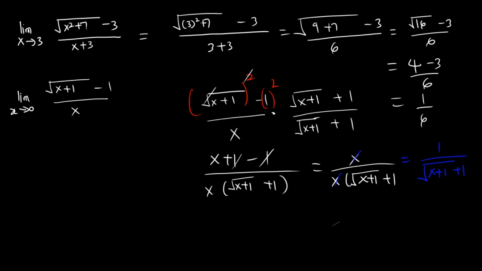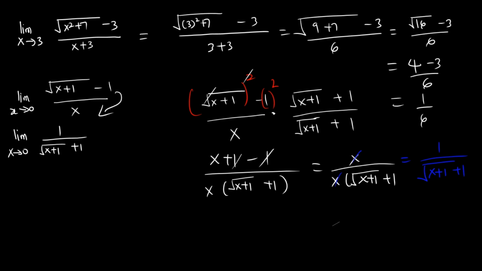So now let's rewrite this expression here. You're going to have the limit as x approaches 0 of 1 over square root of x plus 1 plus 1, which is the function transformed from what you had.